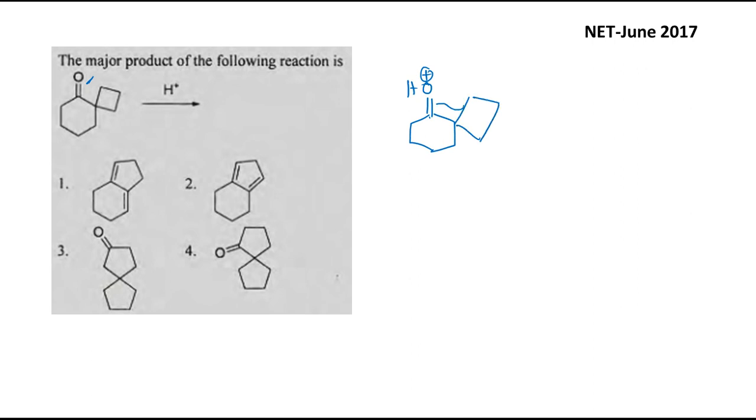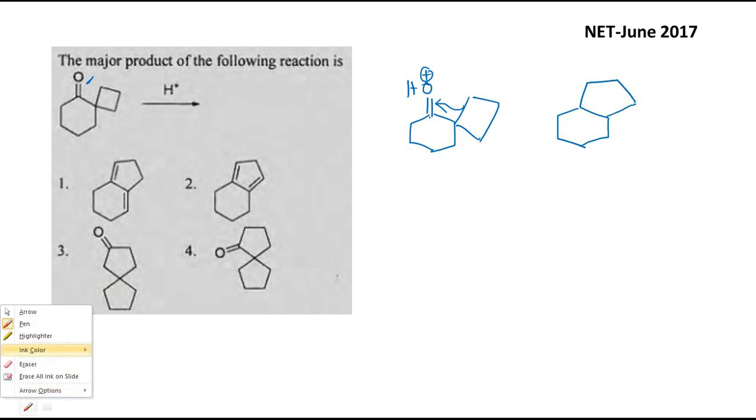Now if this CC bond is breaking, there will be formation of the 6-member ring as it is, and there will be formation of a 5-member ring. Okay, so let me do the numbering. 1, 2, 3, 4, 5. So here the 2-5 bond is broken, the 1-5 bond is formed, 4, 3, 2.